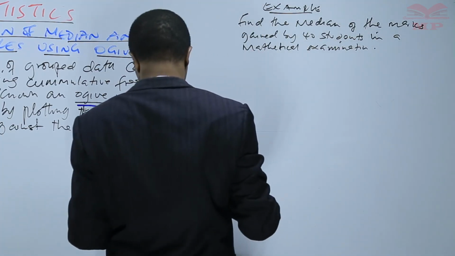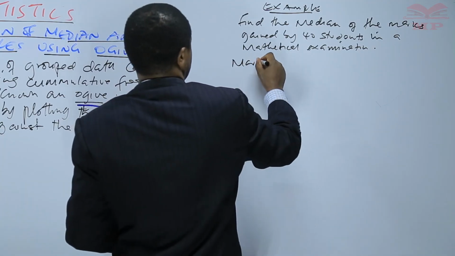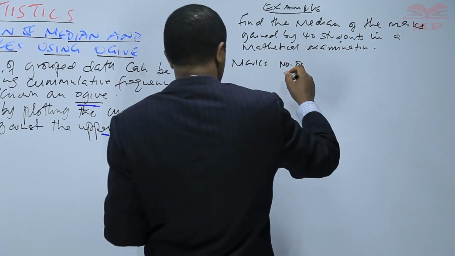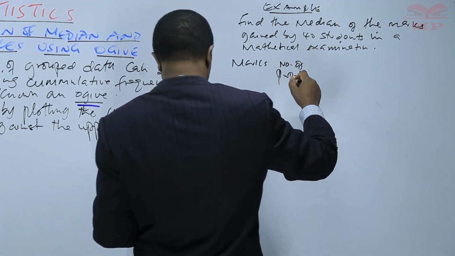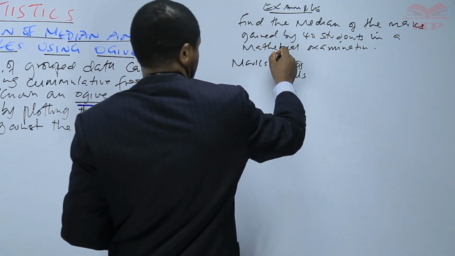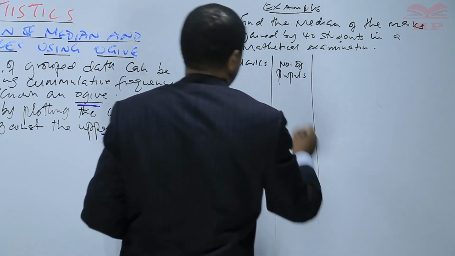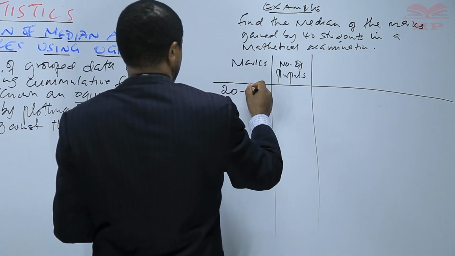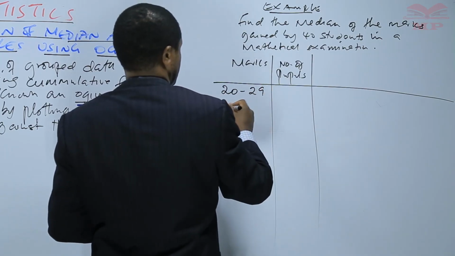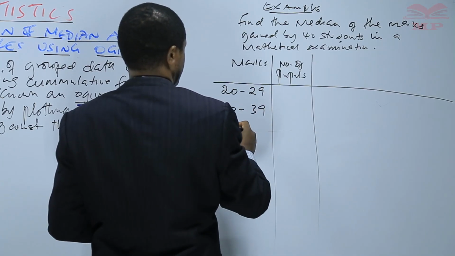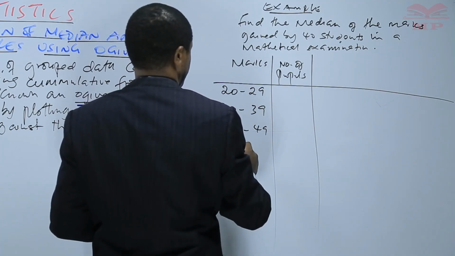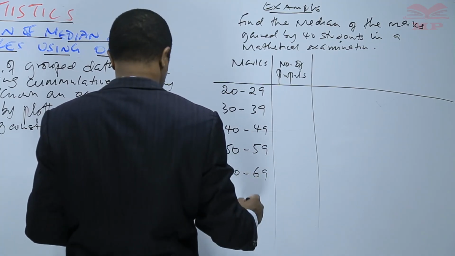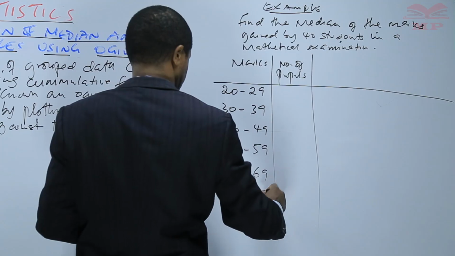So we have the marks, one column, and the number of pupils, another column. The marks are 20 to 29, 30 to 39, 40 to 49, 50 to 59, 60 to 69, then 70 to 79.